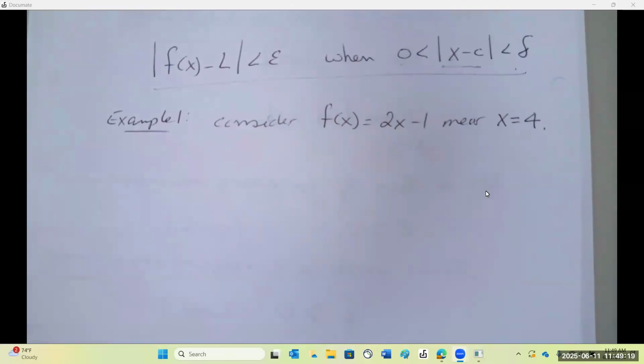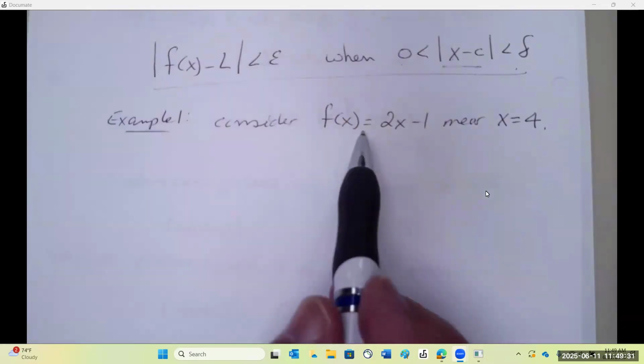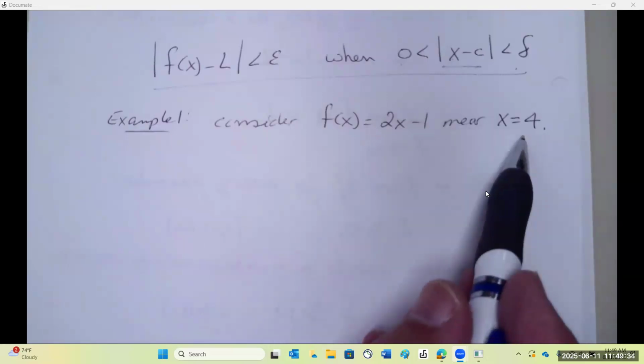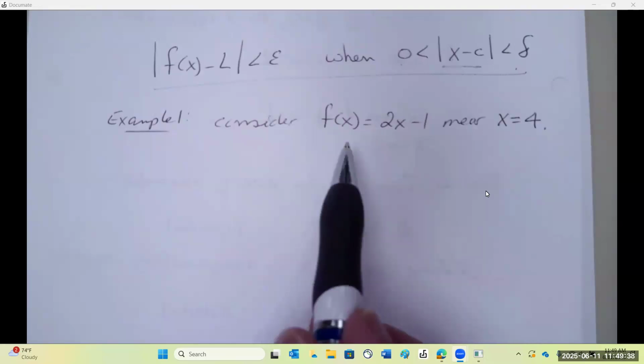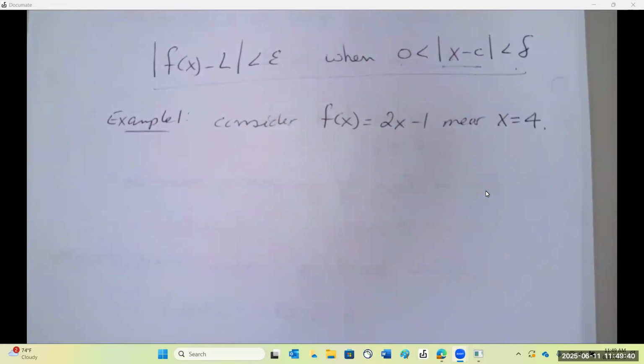What we're looking at here, so it's asking this. Intuitively, it seems clear that y is close to 7 when x is close to 4. True? Y is close to 7 when x is close to 4. If we plug in 4 in here, what do we get? 7. So that's what I'm saying. It's intuitive.